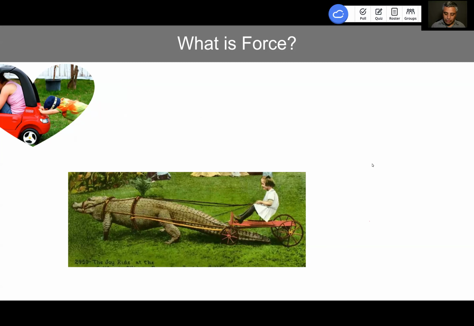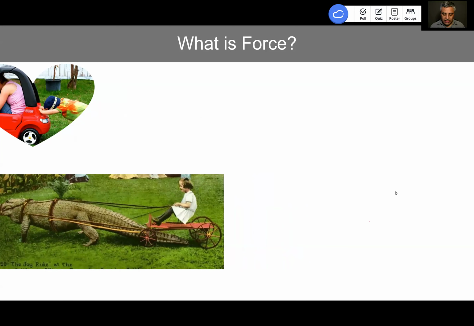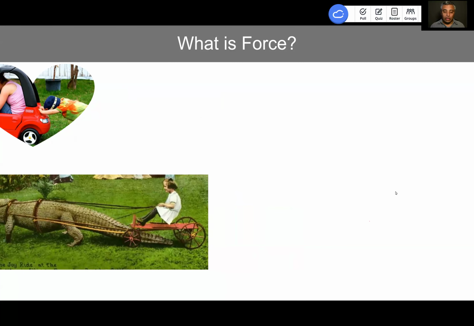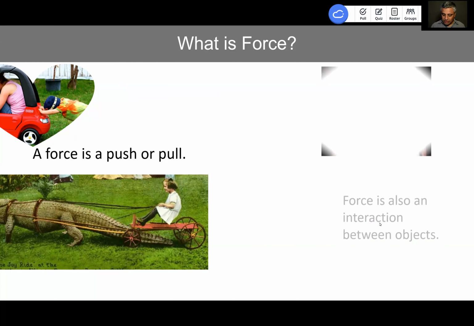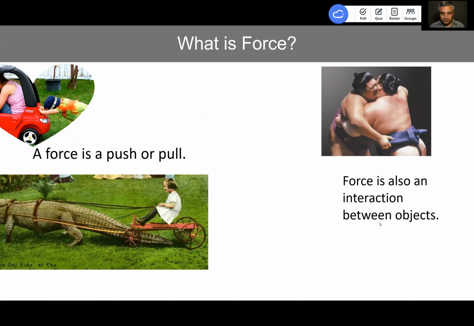Similarly, it could be a pull, just like we see here, okay? Or maybe not push and pull, but just the interaction, fighting, right? Just like these sumo players are doing, okay? Yes, of course there can be some more complicated definitions of force as well, but for now we'll just keep it here.